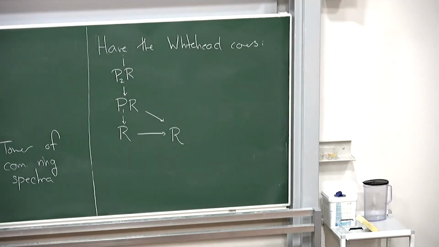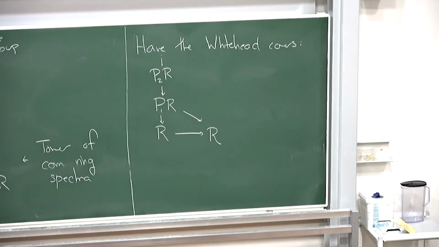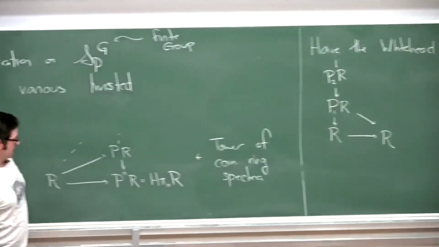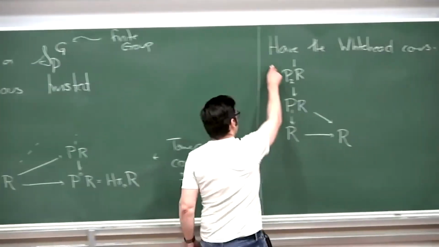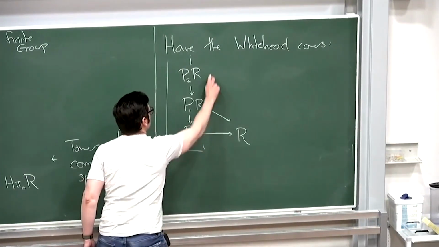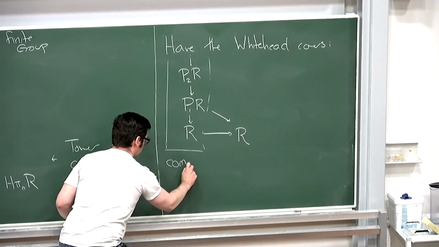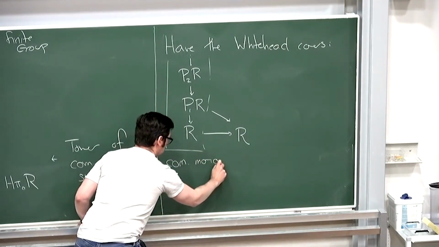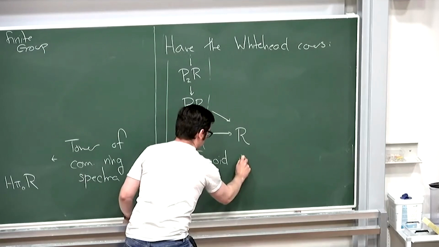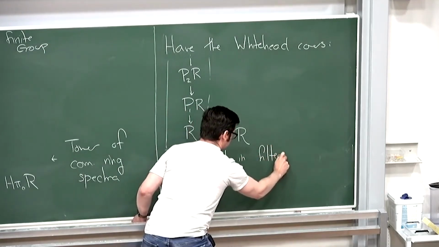And when I say that I can do better, and why am I talking about the Whitehead cover here? This was a tower of commutative ring spectra. This instead, this is a commutative monoid in filtered spectra.